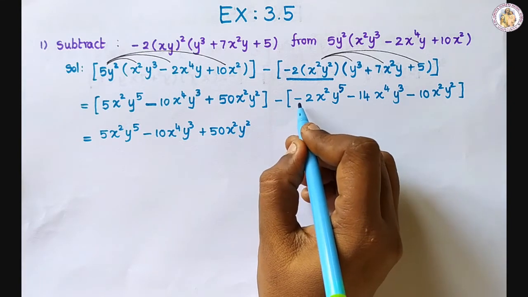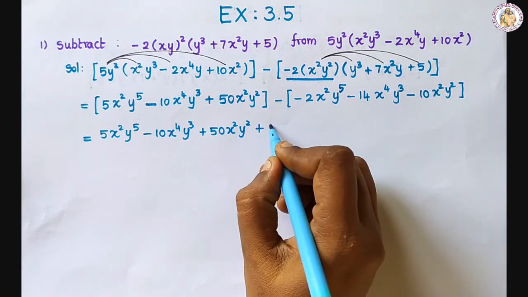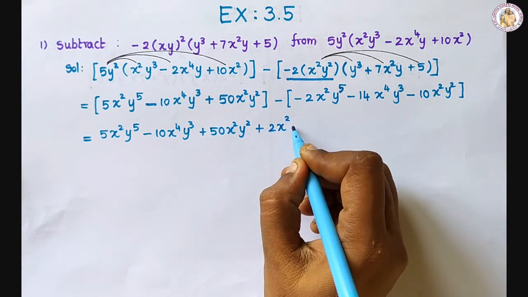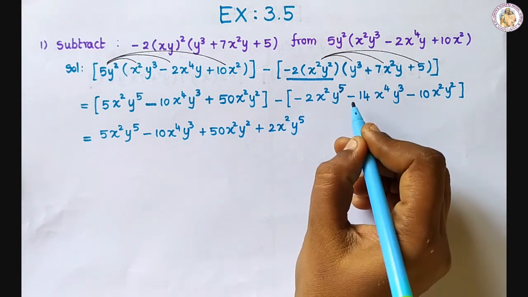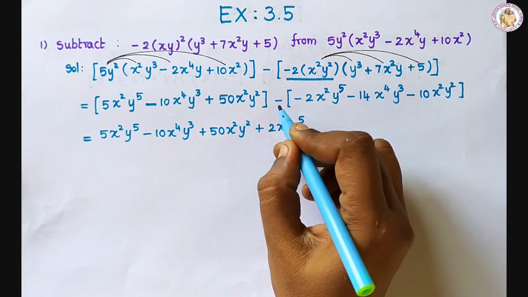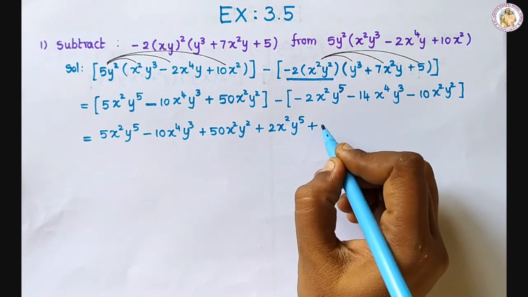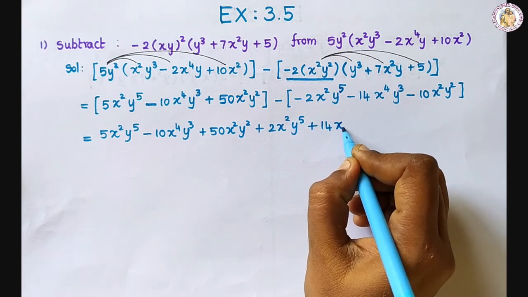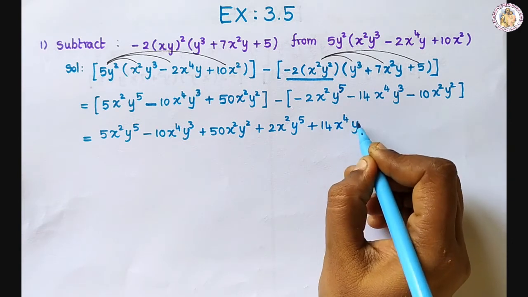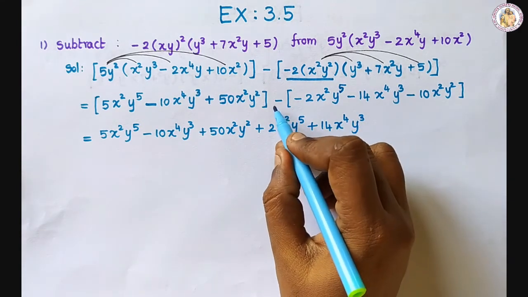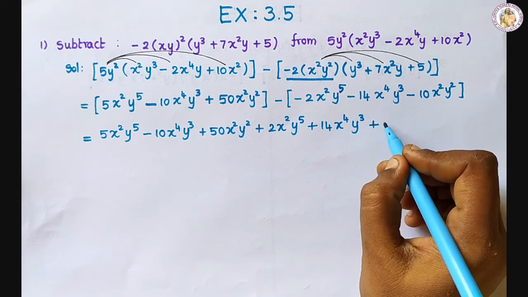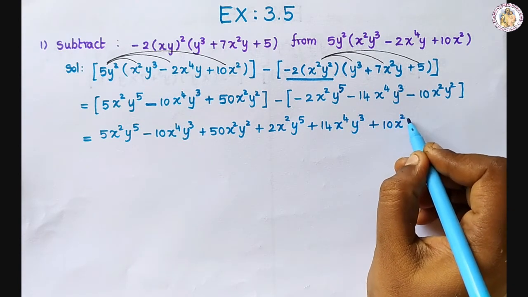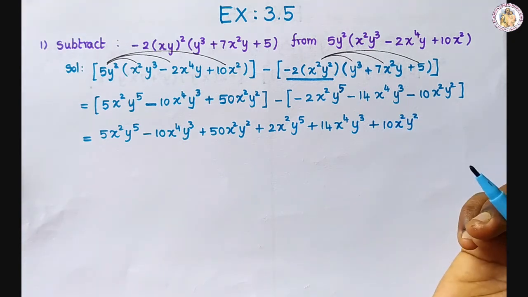So minus into minus plus 2x squared y power 5. Again minus into second term, minus into minus plus 14 x power 4 y cube. Next term minus into minus plus 10 x squared y squared.